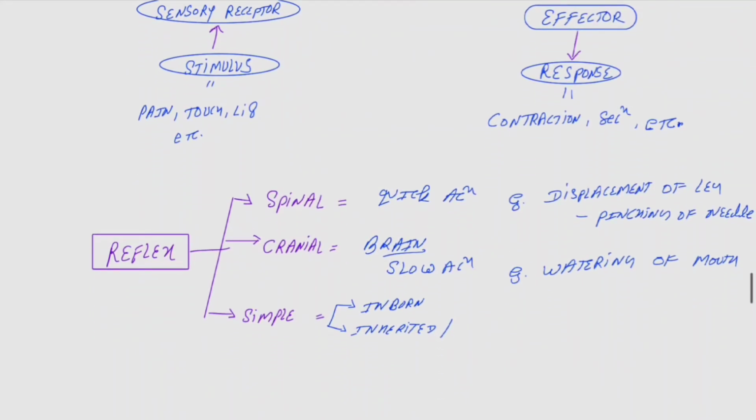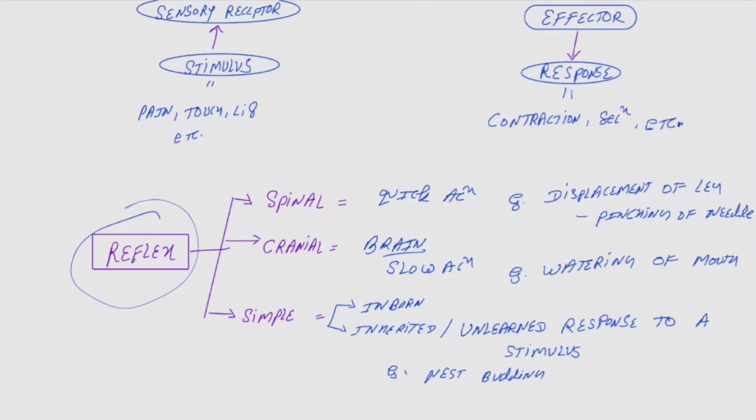Also known as unlearned response to a stimulus. Example, nest building. Reflex action has three types: spinal, cranial, and simple. Simple is present in born or inherited, an unlearned process, and spinal reflex is done by the spinal cord, and cranial reflex is done by the brain.